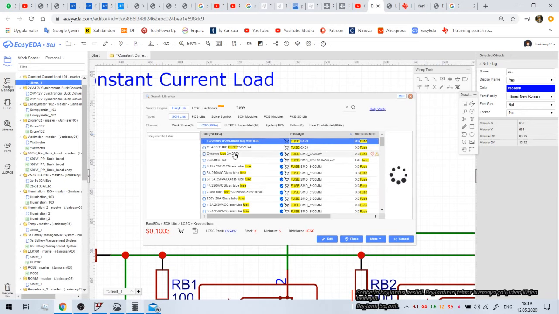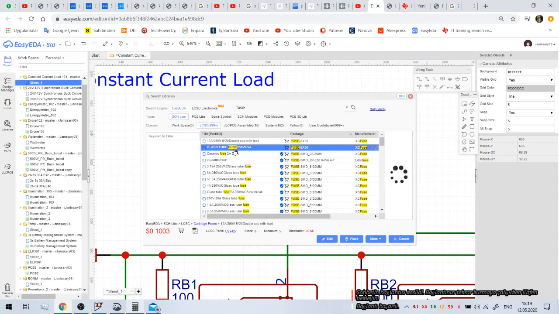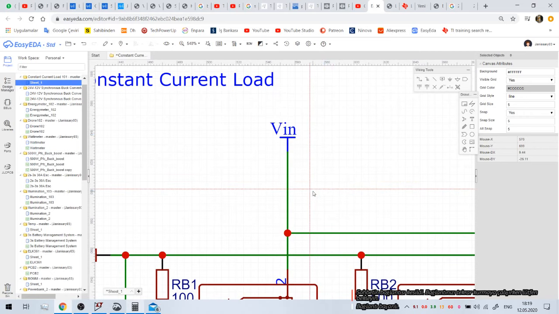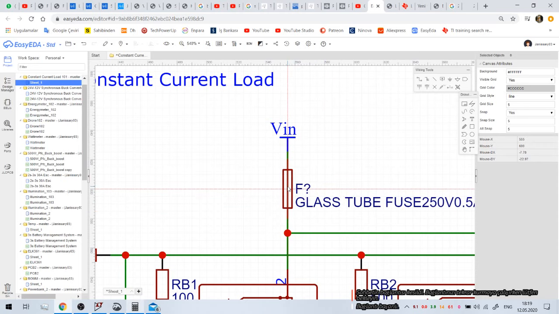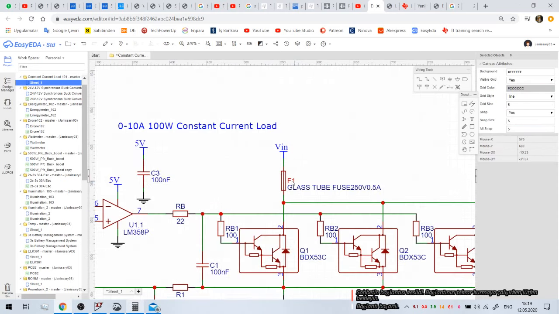Yes, some fuse symbol, maybe. Nice fuse symbol. Not important.